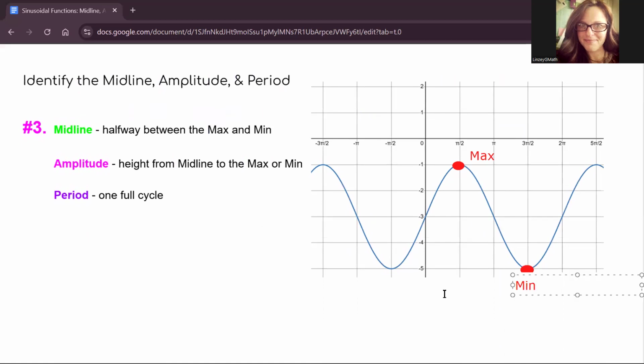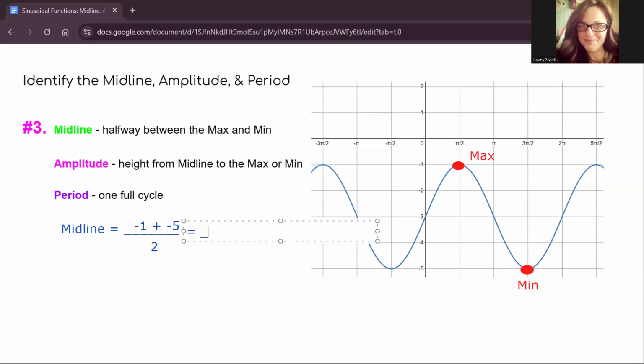Let's find the midline. The midline is halfway between the maximum height and the minimum height. So if we add them together and divide by 2, we get -3. Our midline is y equals -3.